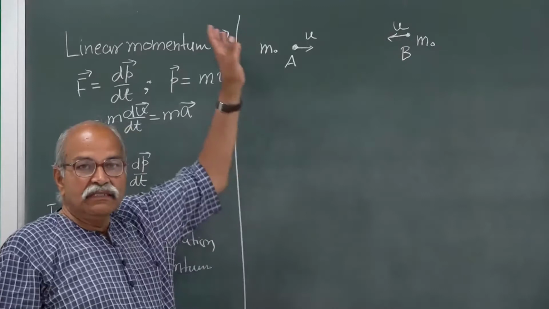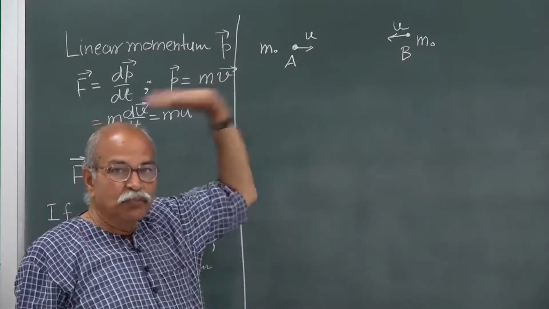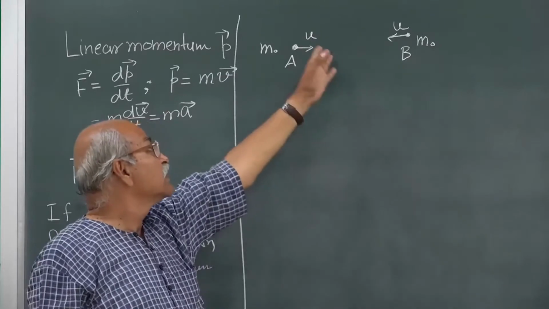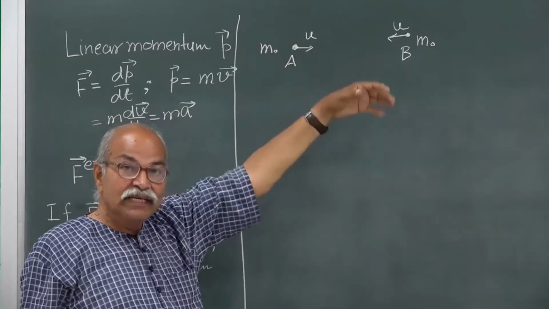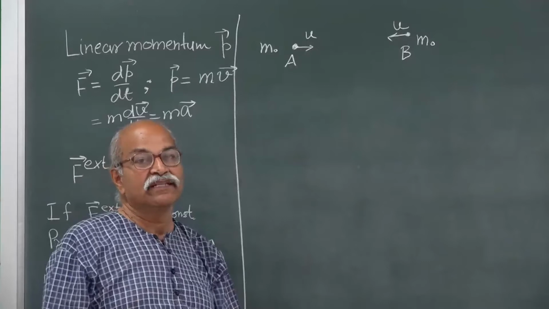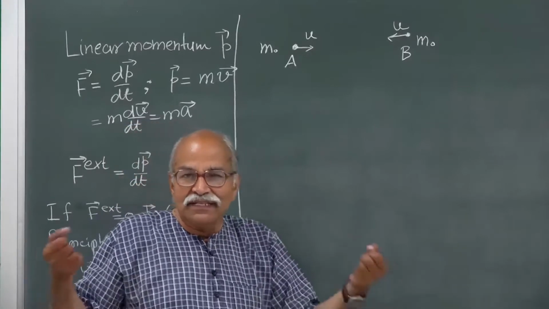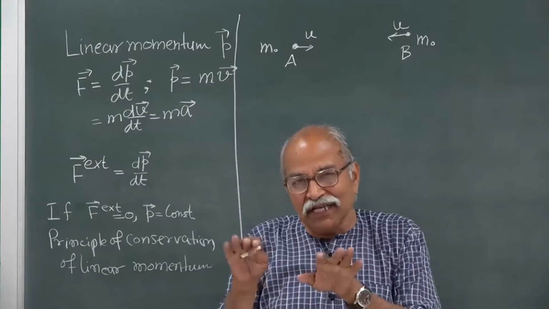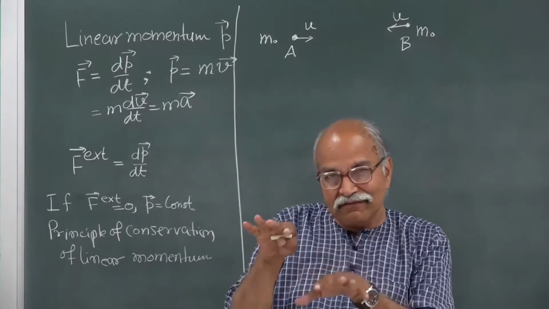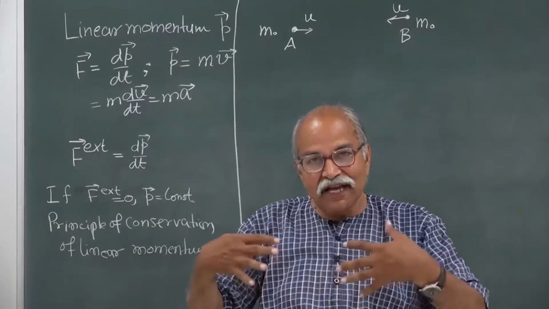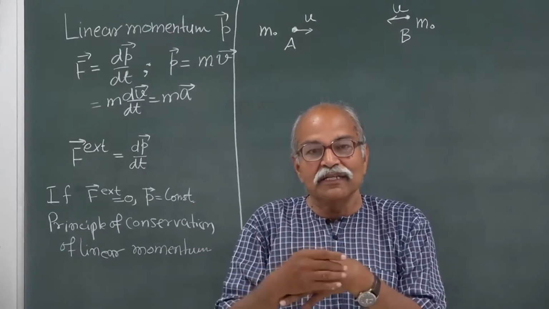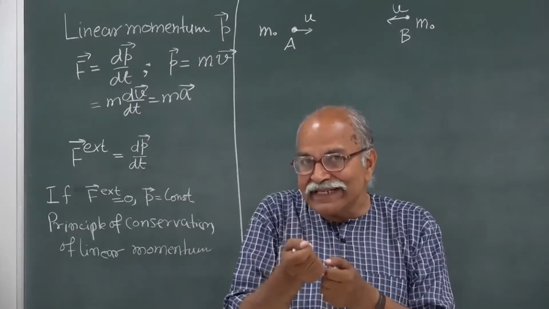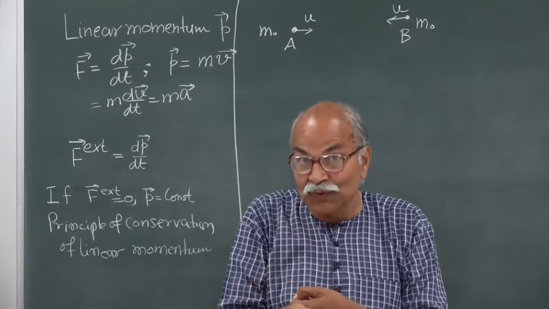So, this is the starting situation. You have two particles, they have same masses m naught, and they have same speeds u and u, and then they are going towards each other. The collision is not head on, and there is some slight shift, and hence after collision these particles pick up a small velocity in y direction also.